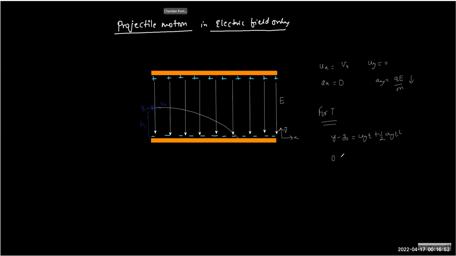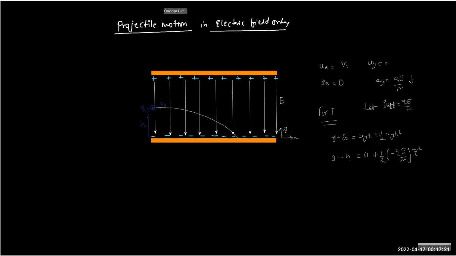The y is 0, the y naught is h, the uy is 0, ay is minus QE by m into t square, right? Yes, sir. So you can call this g effective. So let's call QE by m as g effective, and then the answer will be same.